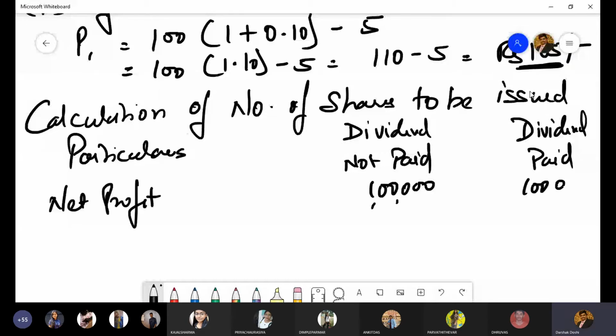In the first column, we assume the dividend amount is zero. For the second column, dividend paid, we have 5 rupees on the 10,000 shares the company has currently issued. So the company will pay 5 rupees per share, that is 50,000.